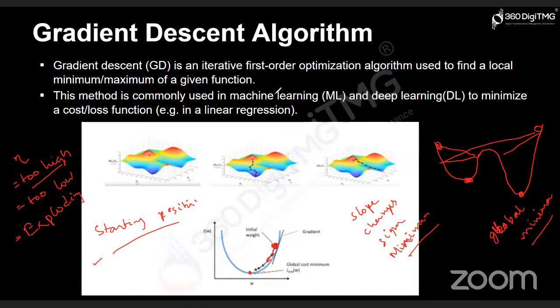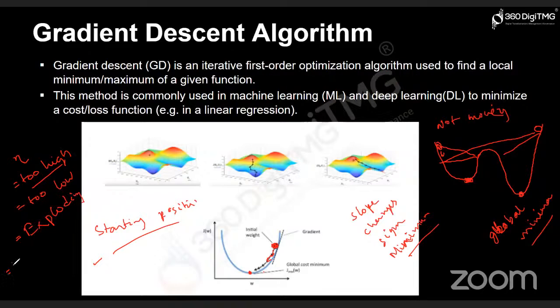Rarely it will converge. Now, if we set the learning rate too low, it will converge, but it will take a very long time to converge. If we take the learning rate too low, it will seem to be not moving, and it will take a very long time to reach.